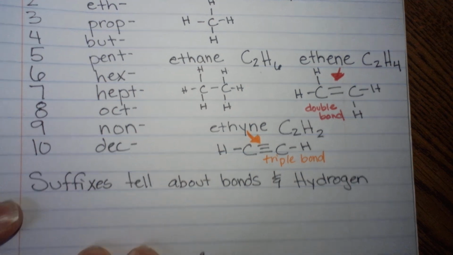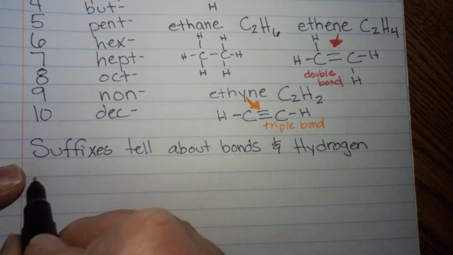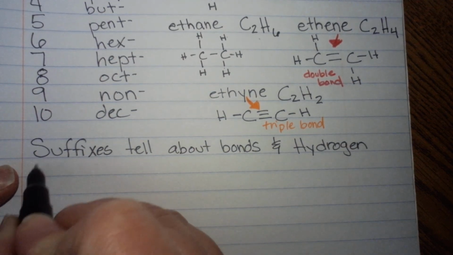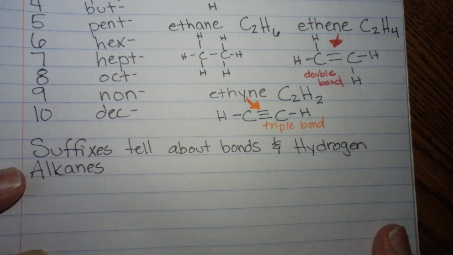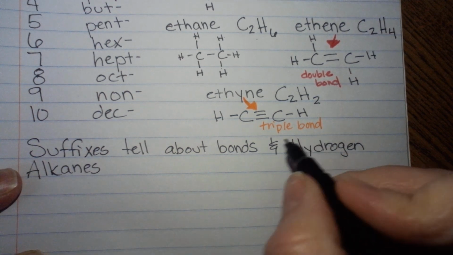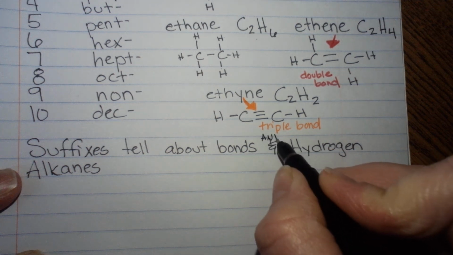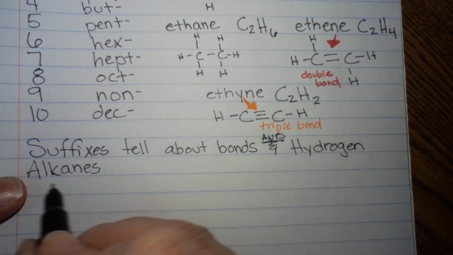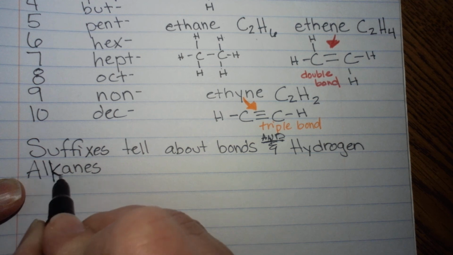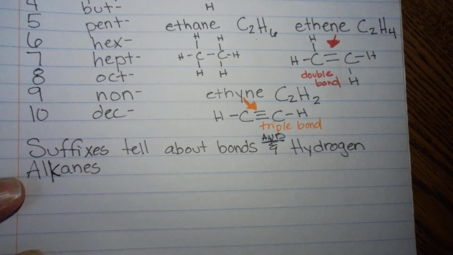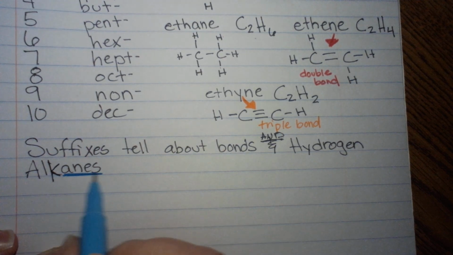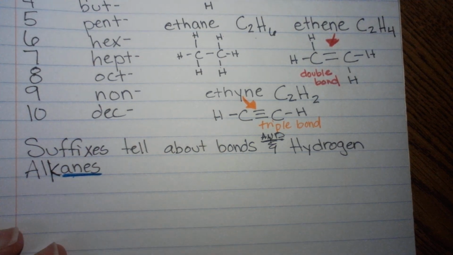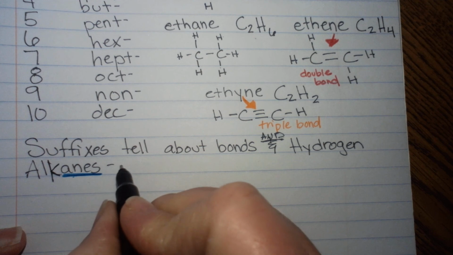Alright, and they go in kind of families. Alkanes have only single bonds.